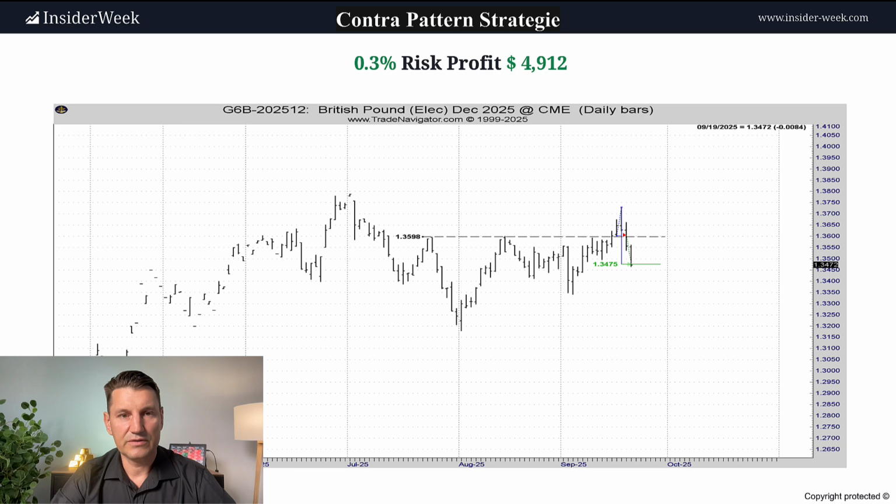This is the British pound daily chart, and as you can see, we got a breakout over the resistance level, and this breakout failed. In this case, I used the contra-pattern trading strategy to profit from the failed breakout, and here I made a profit of $4,912. I risked just 0.3% of my trading account.